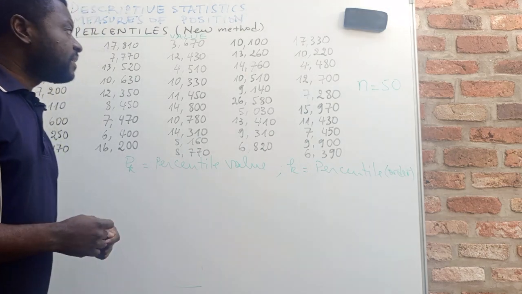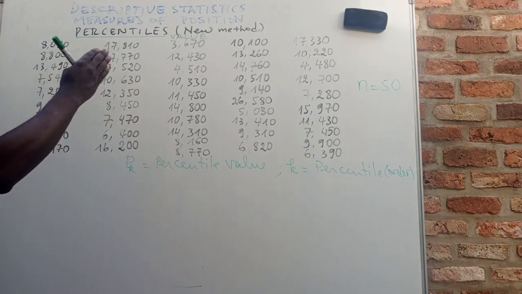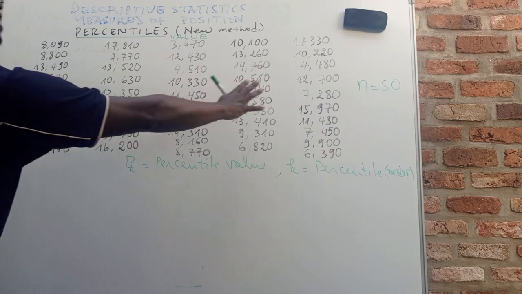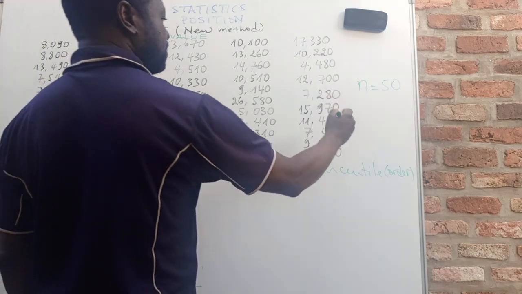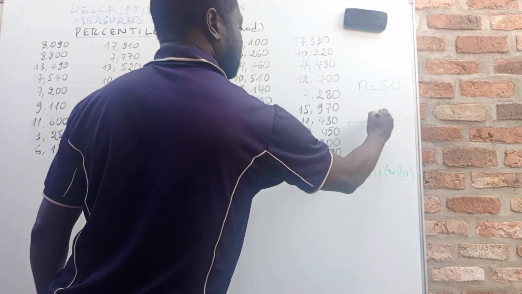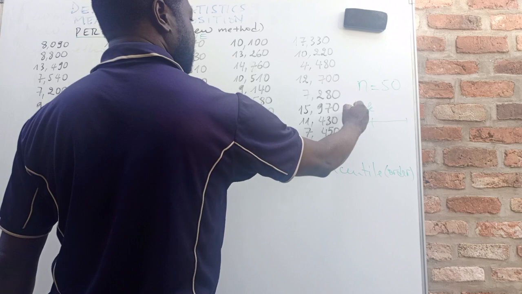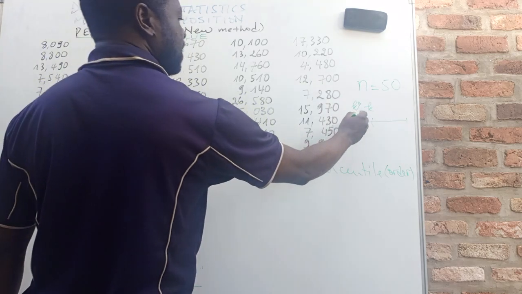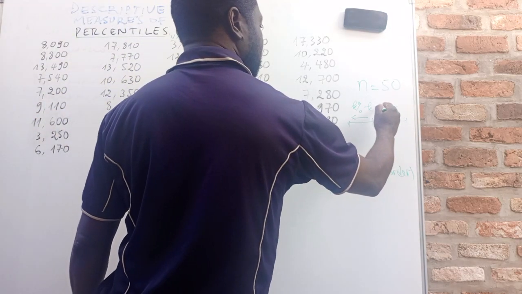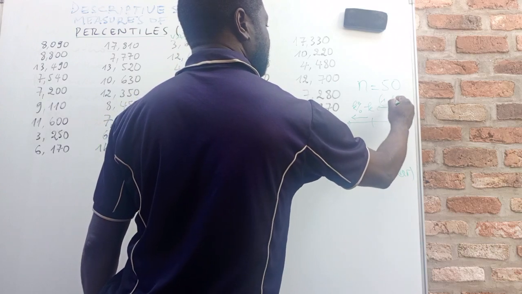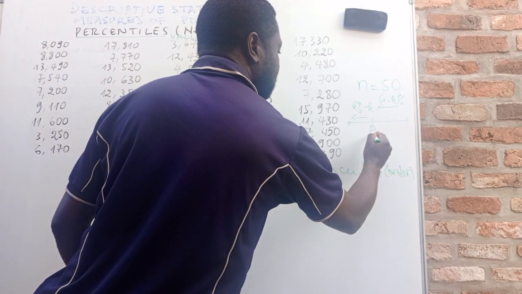And what is a percentile? It is a proportion or a fraction, a number which divides all the given data, like here 50, into two parts, such that k percent of the population lies below it and 100 minus k percent lies above it.